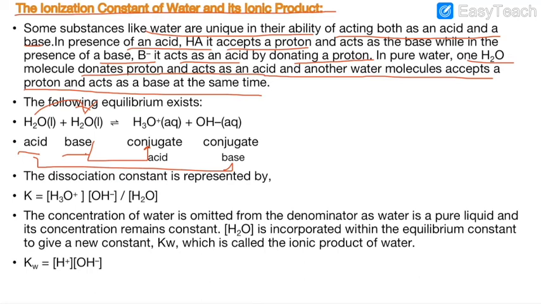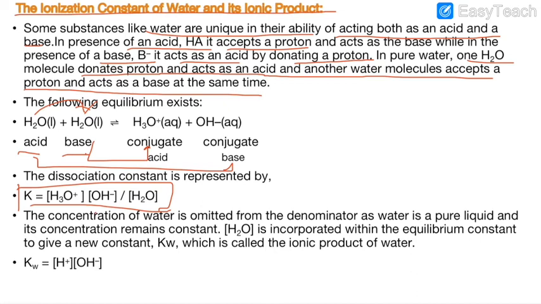The dissociation constant is represented by, as we know that in dissociation constant we write product upon reactant, K is equal to concentration of H3O plus multiplied by concentration of OH minus divided by concentration of H2O.